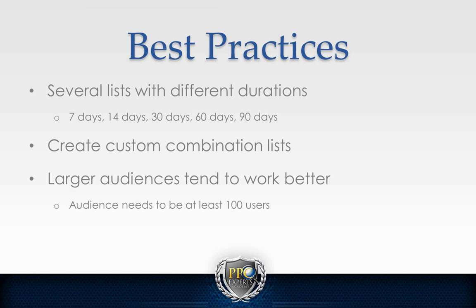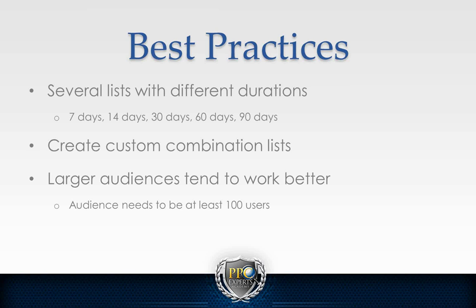Now, granted, for an abandoned shopping cart, 90 days is probably too long, and especially if you're a large website where you're getting 1,000 abandoned carts per day, let's say, well, maybe you even want to trim it down even less. Maybe you want to have it be 3 days. But you want to have lists with different durations. So 7 days, 14 days, 30 days, 60 days, 90 days.